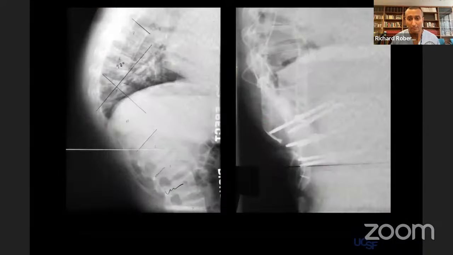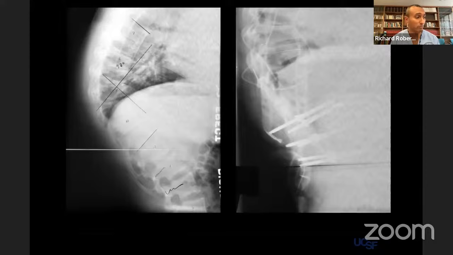So if you move on to the next slide, here we can see the intraoperative placeholders placed for the lumbar instrumentation, and you can see with the anterior release, we got quite a nice correction from about 92 degrees, about 40 degrees of correction from when I measured it on my own computer.